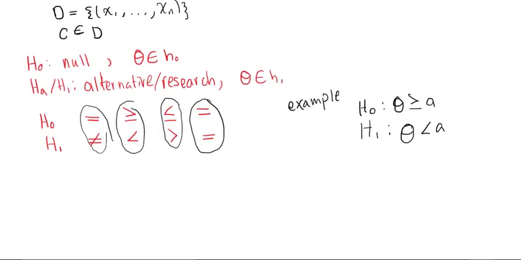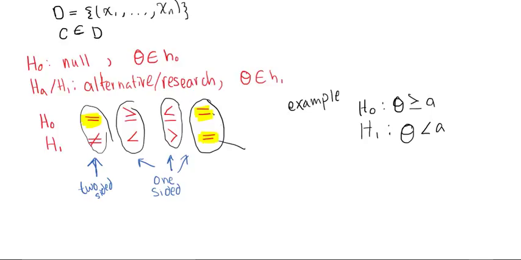Now it's also important to distinguish this one, equals and does not equal, is a two-sided test. And then these three are a one-sided test. It's also important to note that the ones I'm highlighting in yellow are referred to as simple hypotheses.